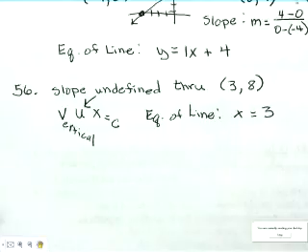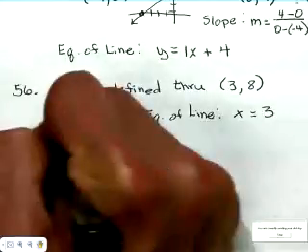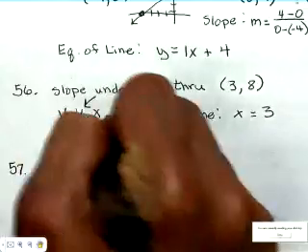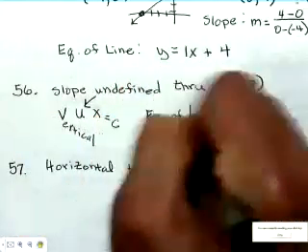And what about number 57? Says the line is horizontal and through the point -3, 2.